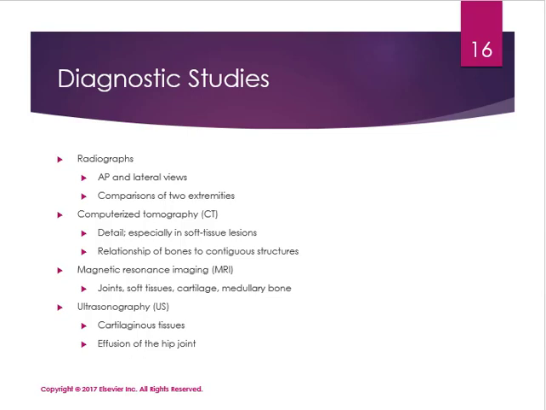And then they're also going to give a relationship of the bones to other structures that attach to the bones. MRIs will be used to assess joints, soft tissues, cartilages, and medullary bones. And then ultrasounds can be used to assess cartilage tissues and effusions of hip joints.